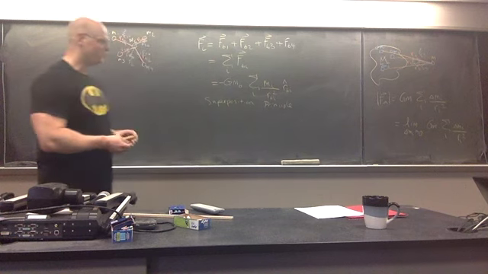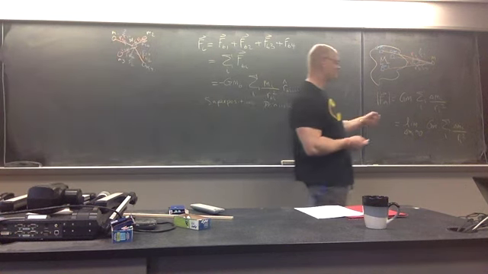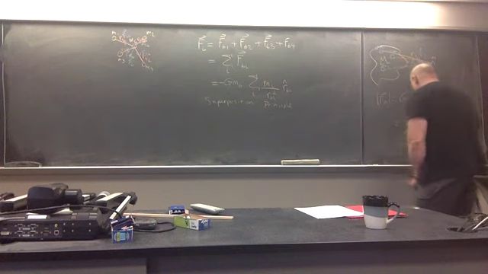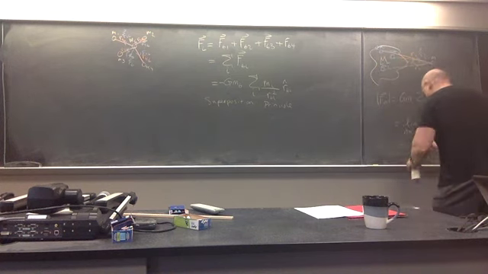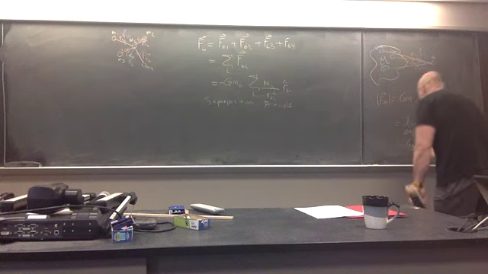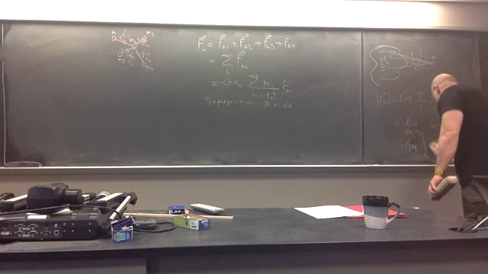And as we talked about before, the limit of an infinite sum turns out to be an integral. So then I get G times m, where m is the mass of the body that I'm interested in, times the integral of dM, all divided by r squared.